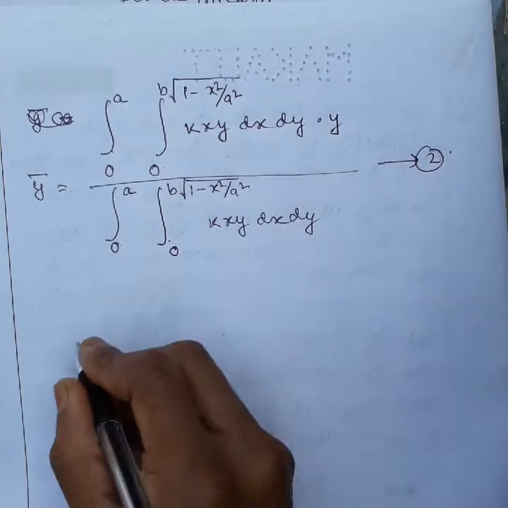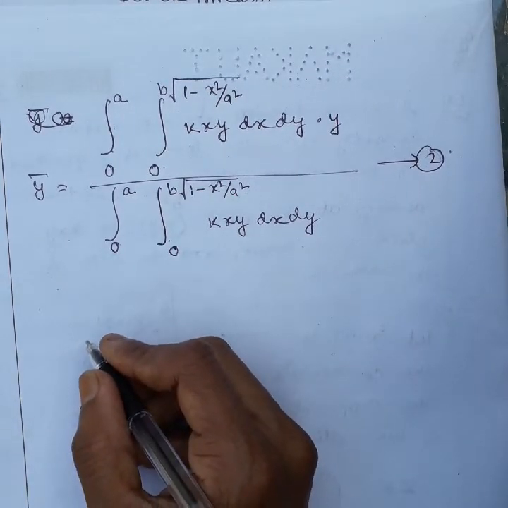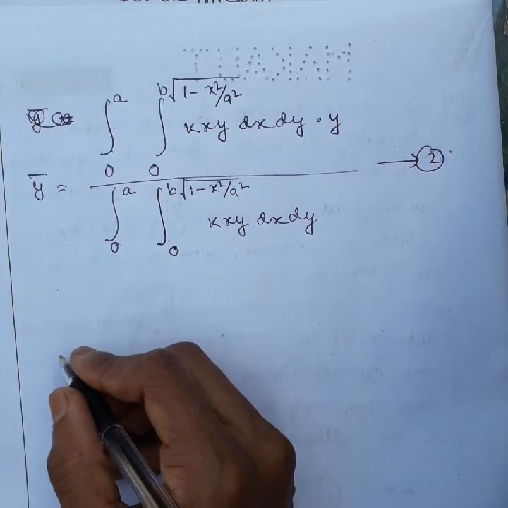This is equation number 2. Okay, so from 1 and 2 we have to find out x bar and y bar.